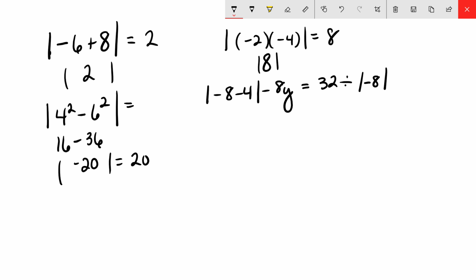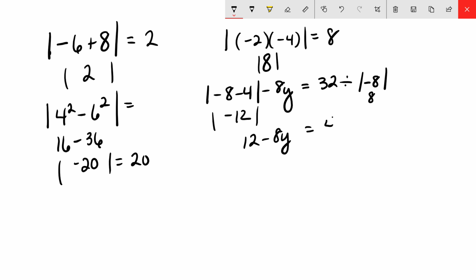Press pause on the video. Okay, coming back here, the -8 and the -4 come to -12, and that's the absolute value of -12, so it's actually going to be a positive 12 minus 8y equals, this right here is 8 divided by the absolute value of 8, which is positive 8.